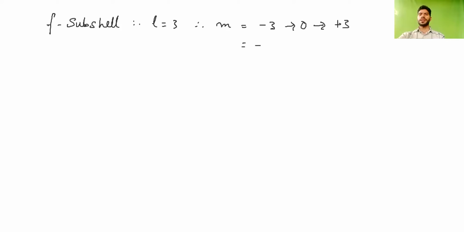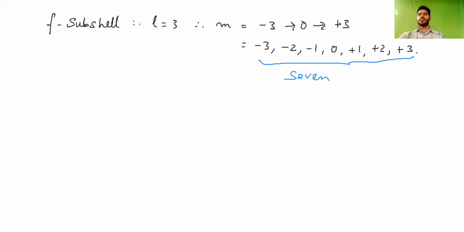So there are a total of 7 f orbitals. I'll write it here that there are 7 f orbitals.